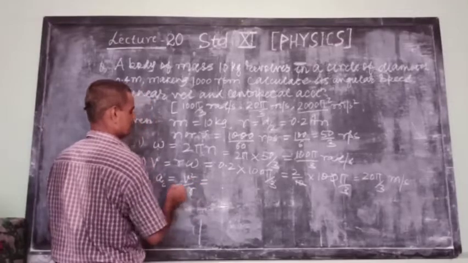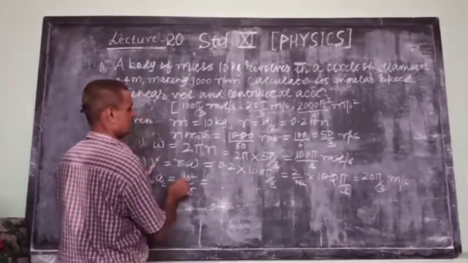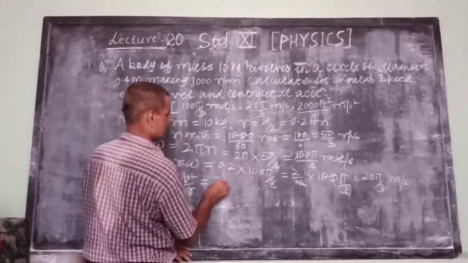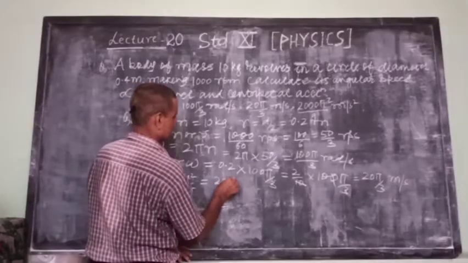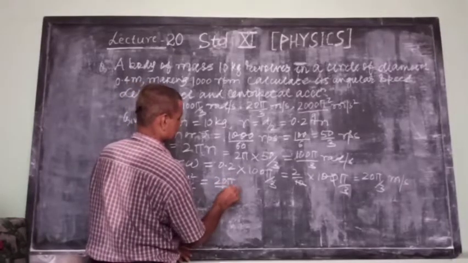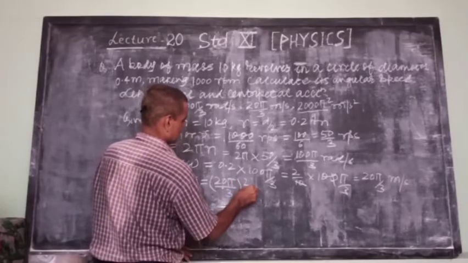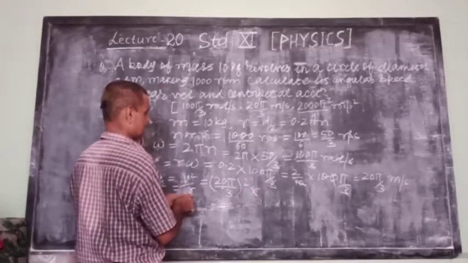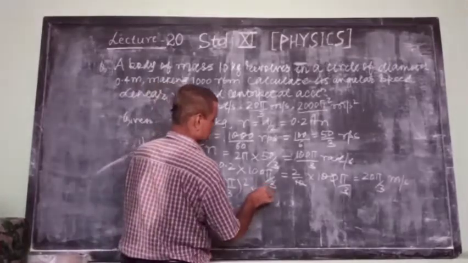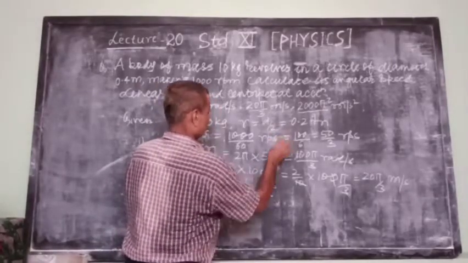So v is 20 pi by 3, this whole square, divided by r, so it is divided by 0.2.